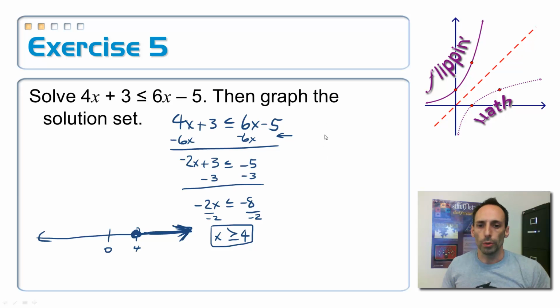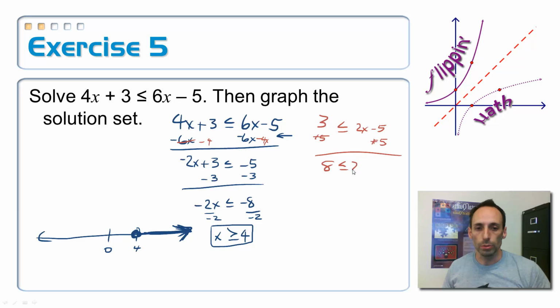So I'll make this minus 4x here and minus 4x on both sides, so I'd have 3 is less than or equal to a positive 2x minus 5. Then I'd get the 5 over by adding it this time, plus 5 and plus 5. And I'd have 8 is less than or equal to 2x.